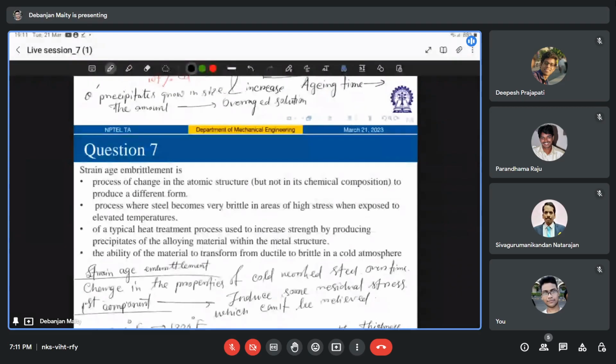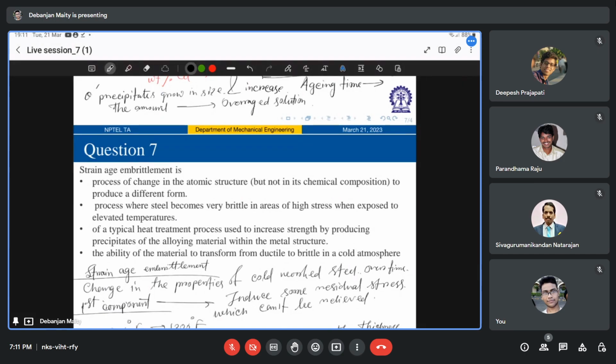Which one do you think is correct for strain age embrittlement? Maybe this is also a correct option. And this one. Do you agree?